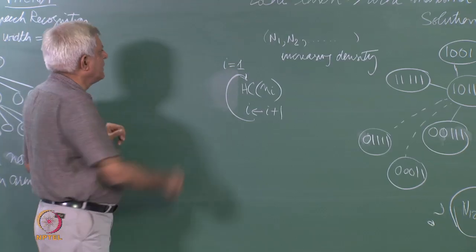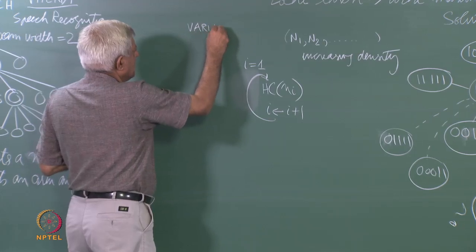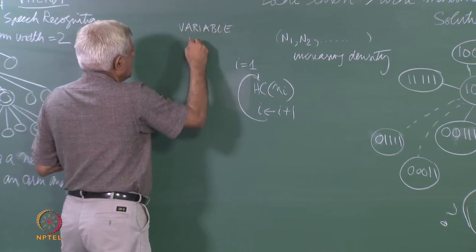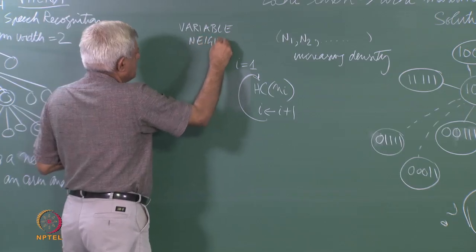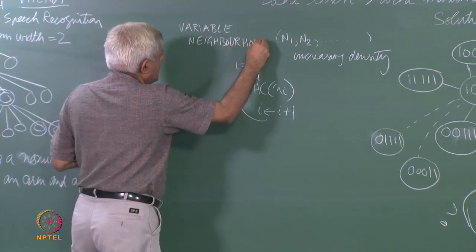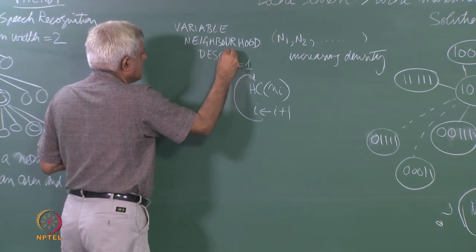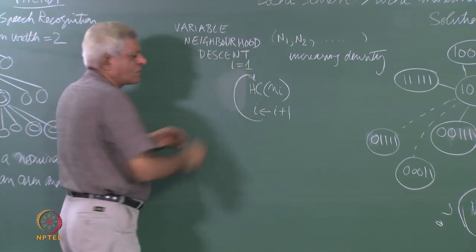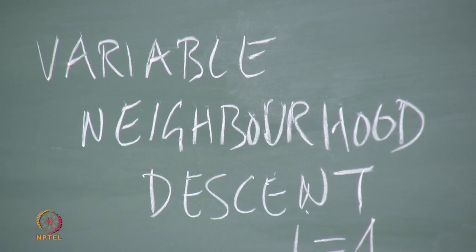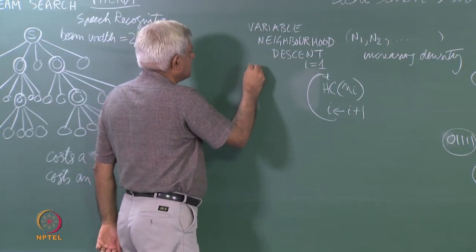This is the algorithm, it is called variable neighborhood descent. Well, they are talking about minimizing. So, imagine you are going down a valley instead of climbing a hill, or VND.